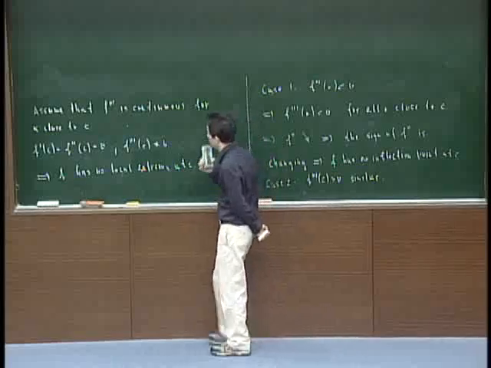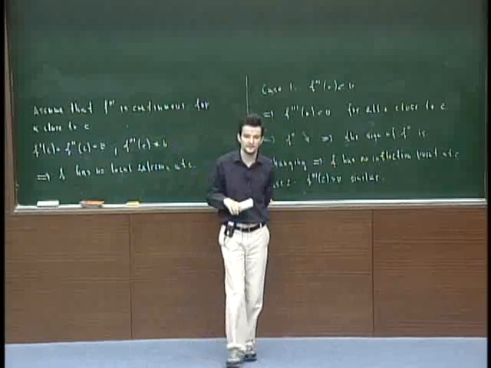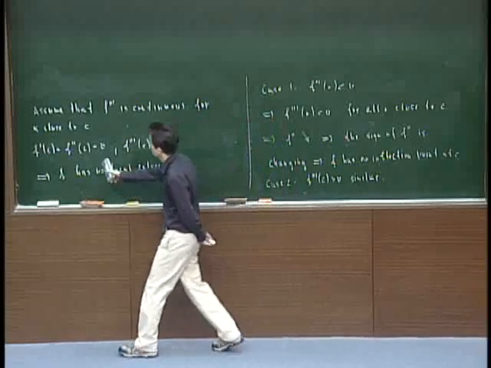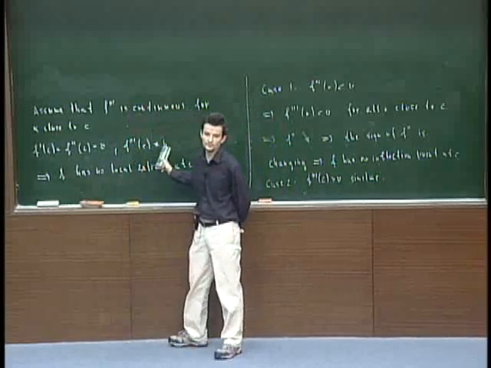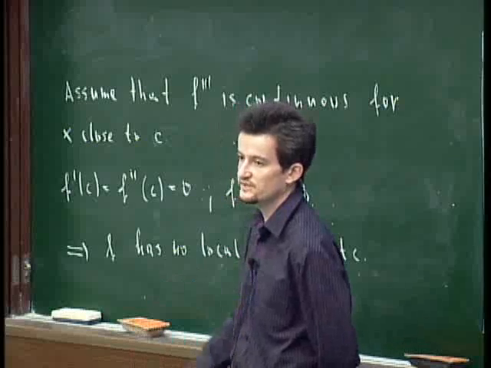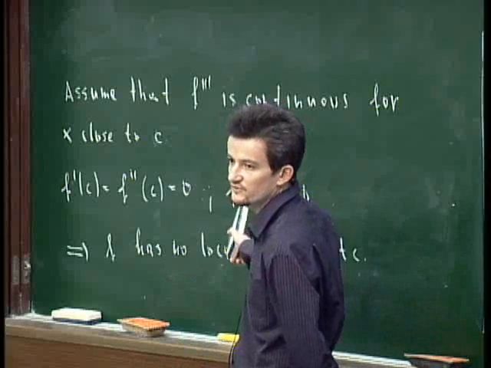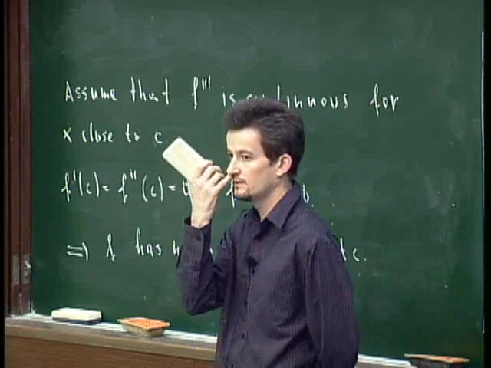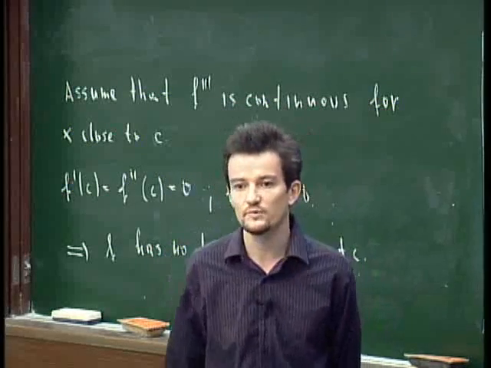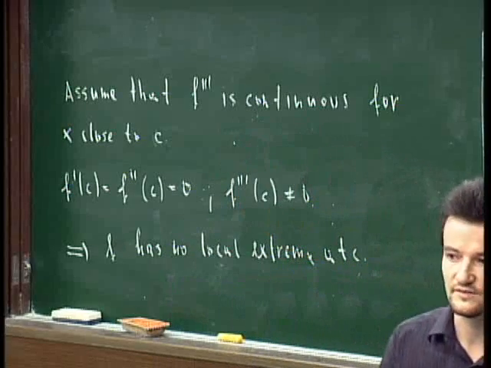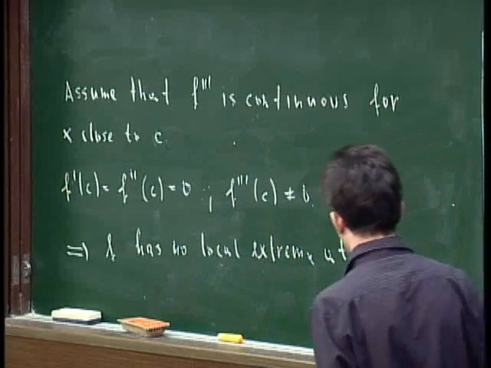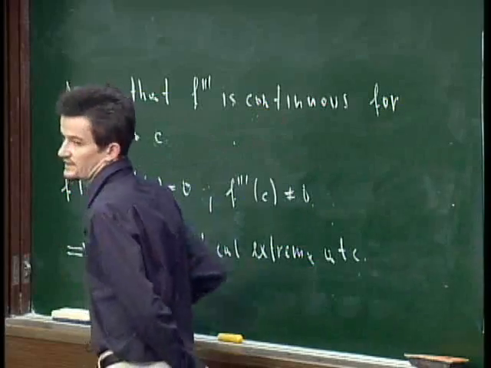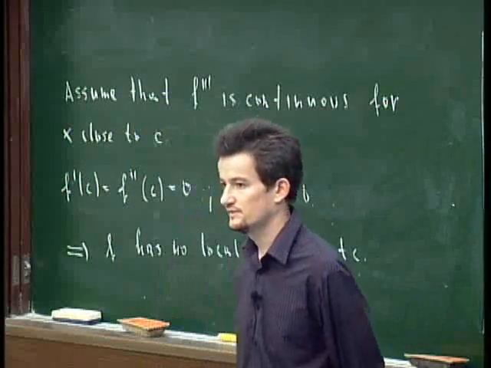If you look at the formulation of the second derivative test, if the second derivative is 0 as well, you have to look at the third derivative. Of course, the next question is, how about the case where the third derivative is 0 as well? You can argue similarly. You can find similar results for the case where more derivatives than just the first, second, and third are equal to 0.